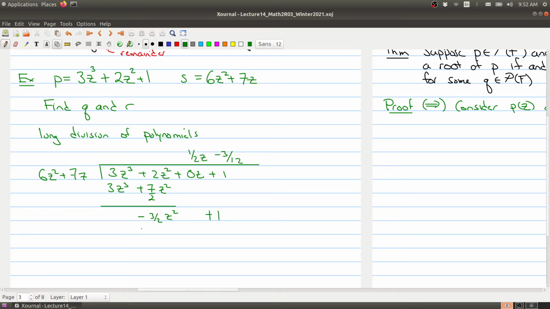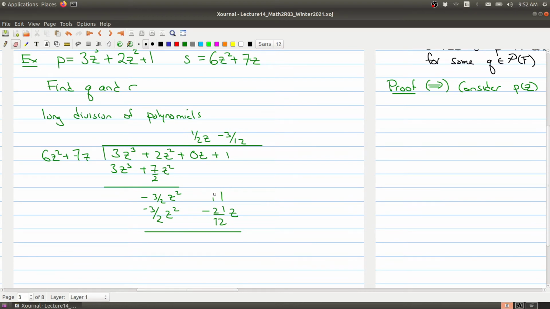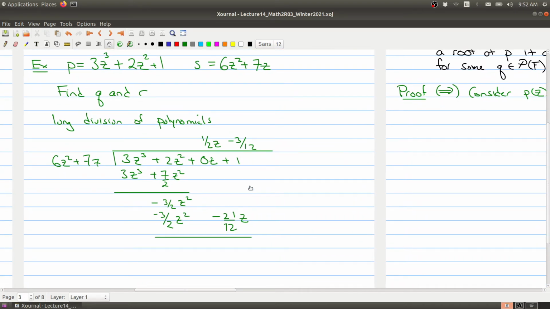So over here, I will get minus 3/2 z squared, and over here I'll have minus 21/12 z. Obviously, I didn't pick this example to have the best numbers. This should be over here because this has a z term. So I'm taking 0z minus minus 21/12 z, so I end up with 21/12 z plus 1.